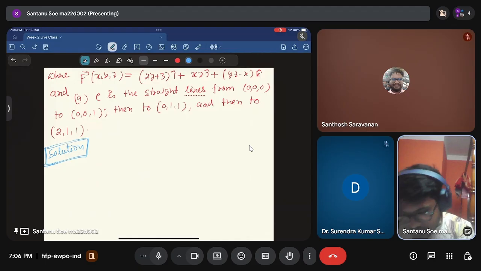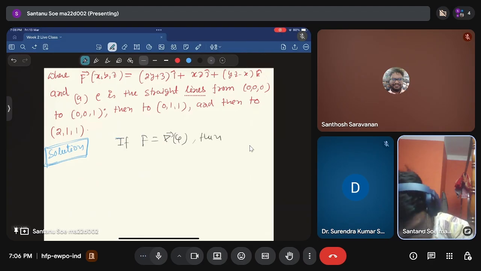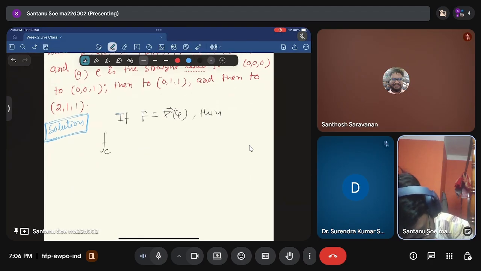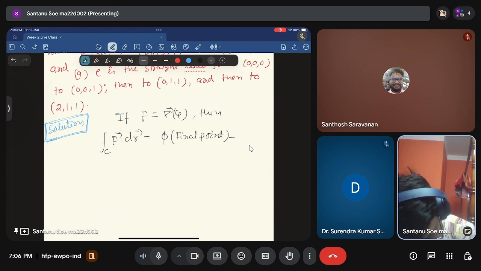For example, if F equals the gradient of phi, then the integral of F dot dr is just phi of the final point minus phi of the initial point.